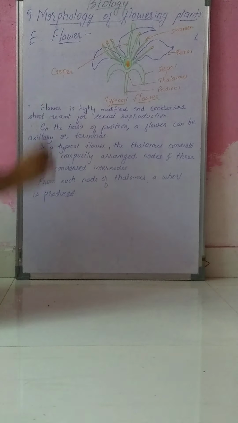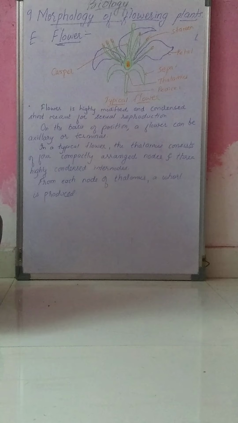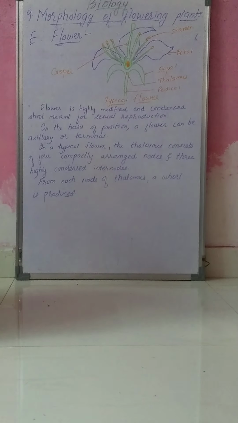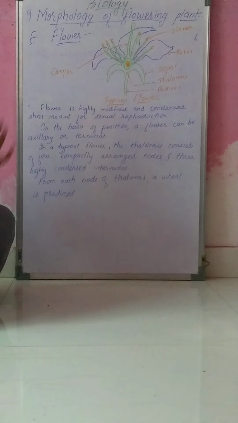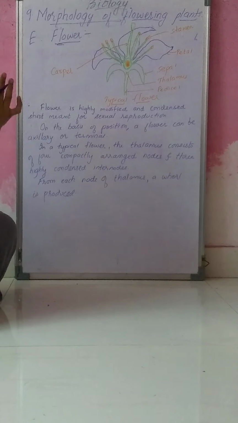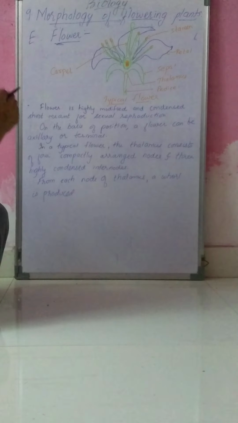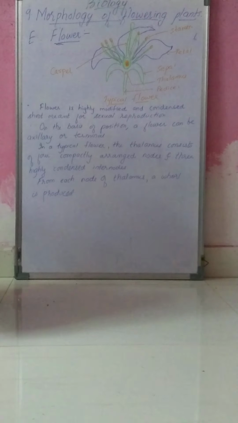Next is flower. So what is the flower? Everybody has seen a flower. This is a typical flower. If you see a typical flower, a normal diagram, how will you define a typical flower?